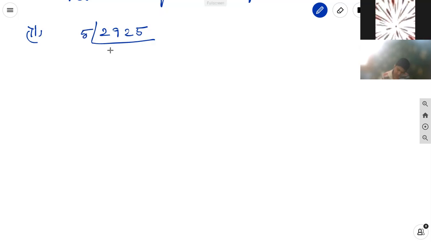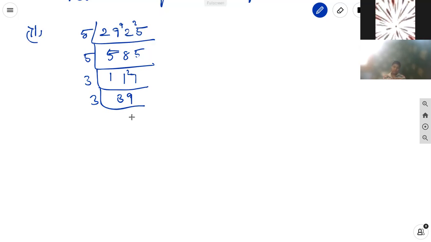So 5 5s are 25, 4 is the remainder, 5 8s are 40, 2 is the remainder, 5 5s are 25. Again 5 is in ones place. So 5 ones are 5, 5 ones are 5, 5 sevens are 35. Here 3 threes are 9, 2 is the remainder, 3 nines are 27. Again 3 ones are 3, 3 threes are 9.